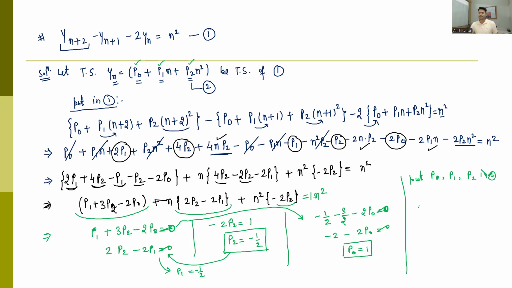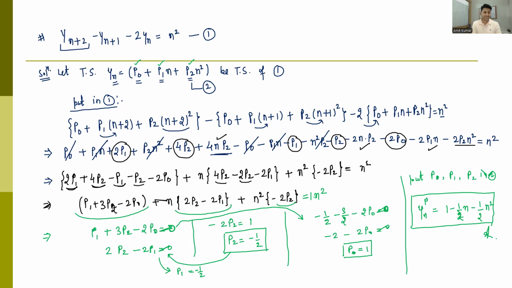So in the final step, your particular solution yn(p) comes out as: the first term is P0, so 1, plus P1, so minus 1 upon 2 into n. The last term plus P2 n square, so minus 1 upon 2 times n square. So this is your final particular solution for the given recurrence relation.